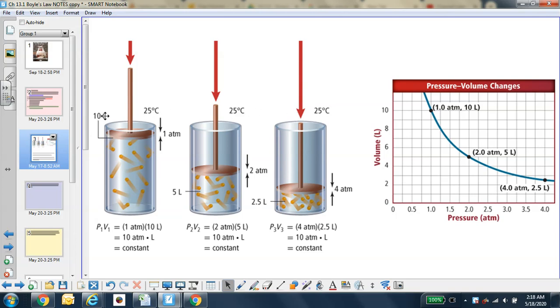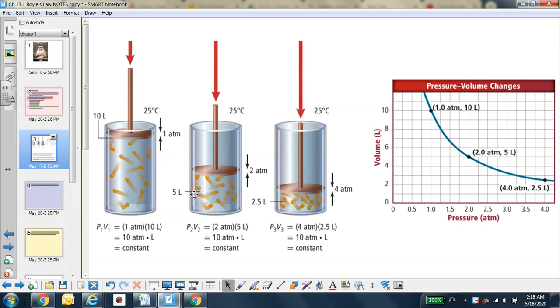It doesn't change. Look at the volume that the gas takes up, 10 liters. If we push down with more force on this piston, with a pressure of 2 atmospheres, then the gas inside is pushing back with a pressure of 2 atmospheres.